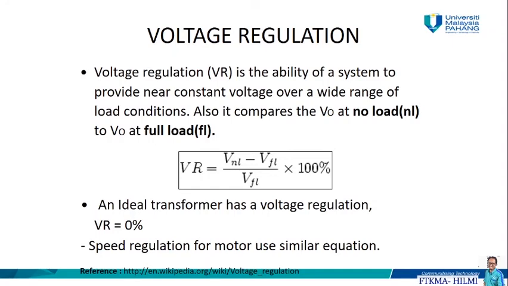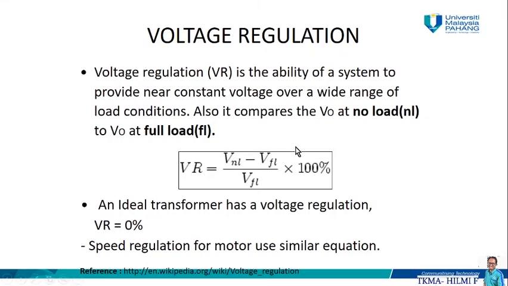A smaller value of voltage regulation is usually beneficial, indicating that the line is closer to the ideal. Regulation is the ability to maintain the speed or voltage constant in the face of load variations. The ability to closely regulate speed in a motor or voltage in a generator is a very important feature of electric machines. And regulation is often improved by means of a feedback control mechanism.